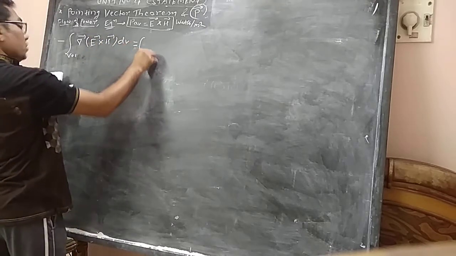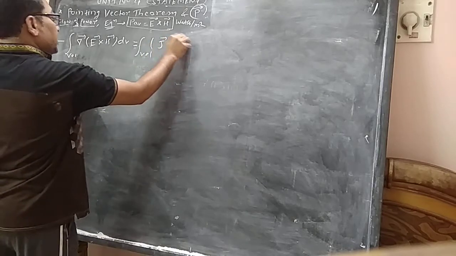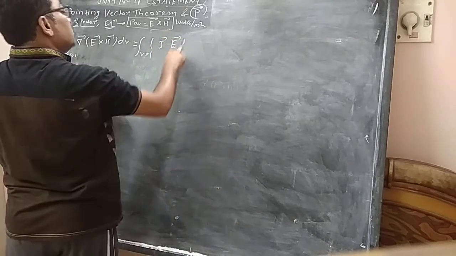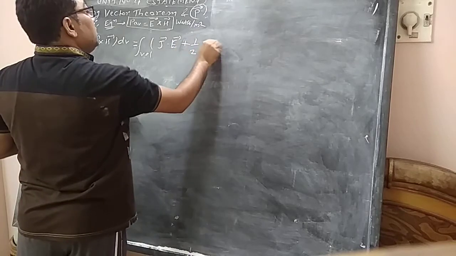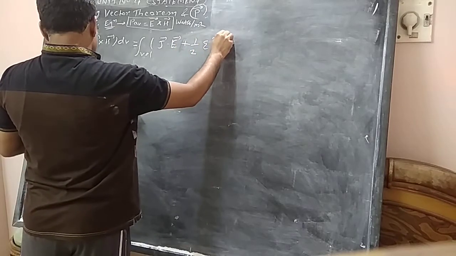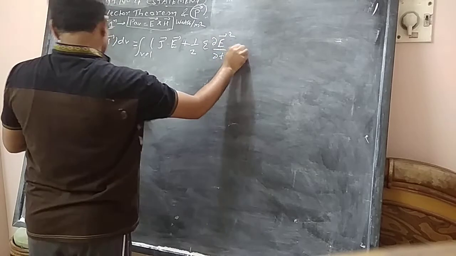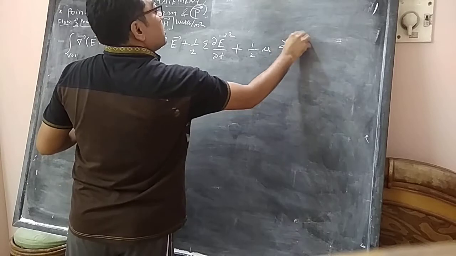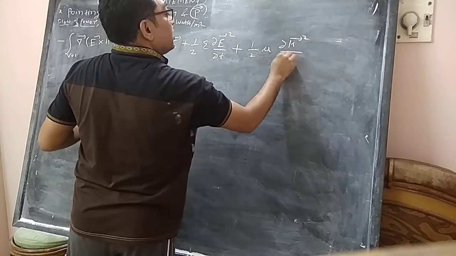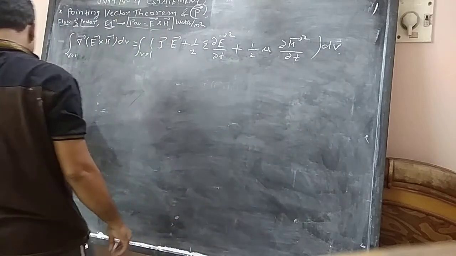Again, volume integration in bracket of J vector dot E vector plus what we have just calculated, 1 by 2 epsilon del E square divided by del t plus 1 by 2 mu del H vector square divided by del t, with respect to volume dV.